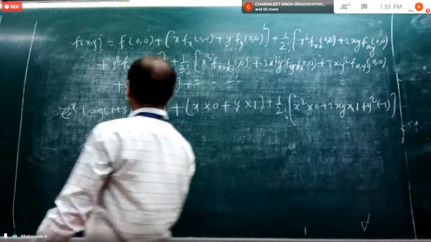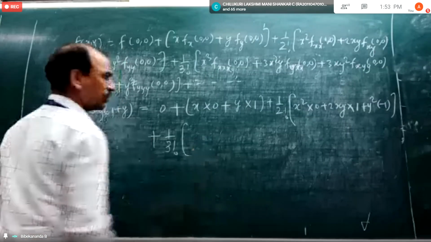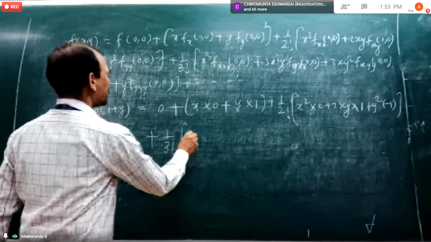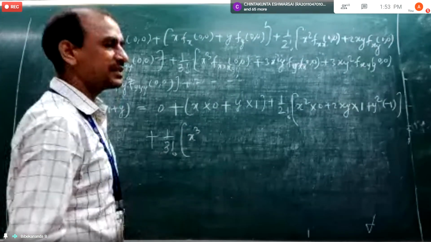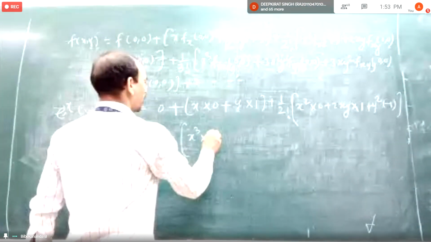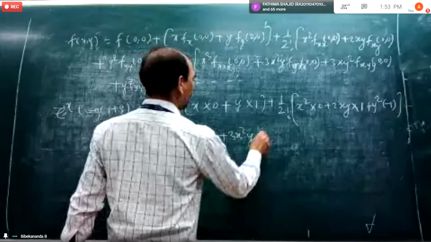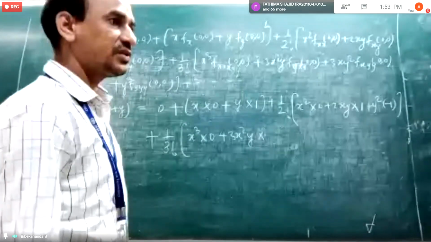Plus 1 by 3 factorial into x cube. What is the value of fxxx 0, 0? It is 0. Plus 3 into x square y. What is the value of fyxx 0, 0?